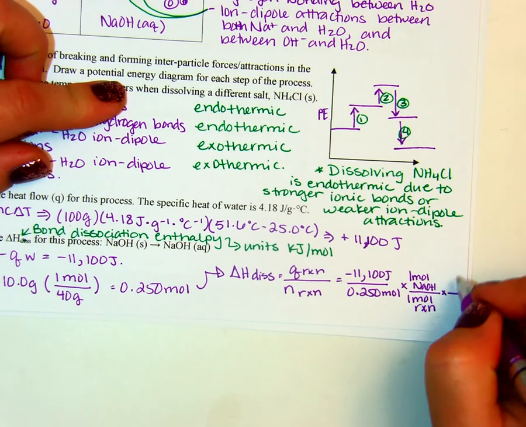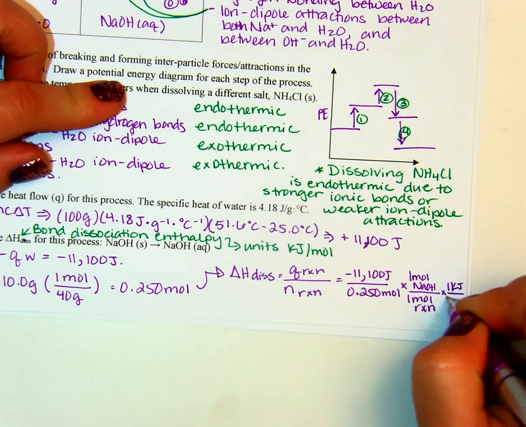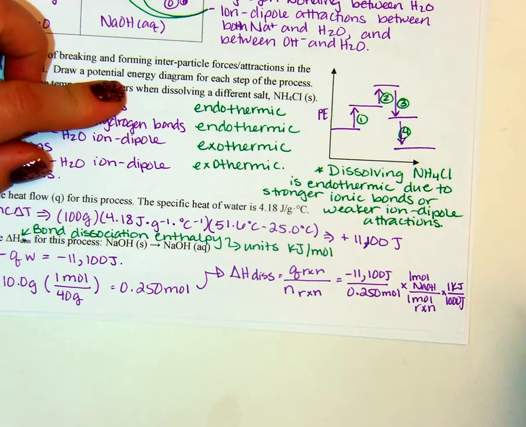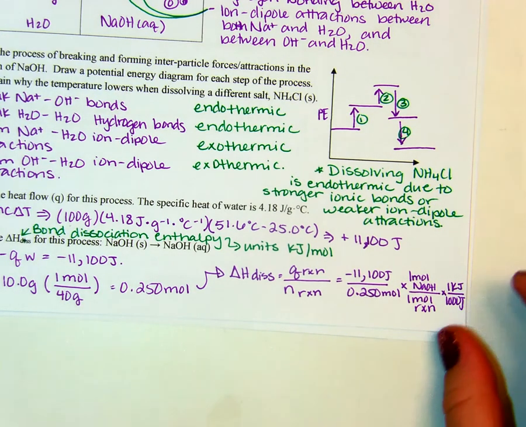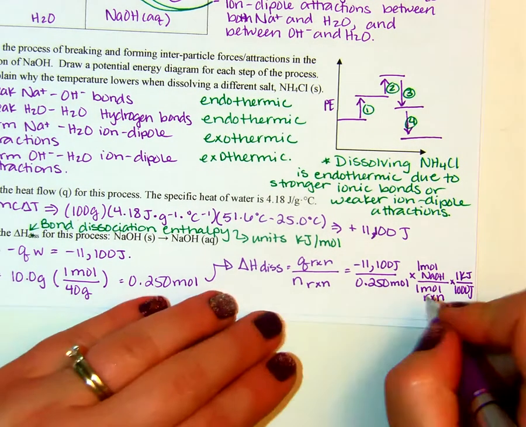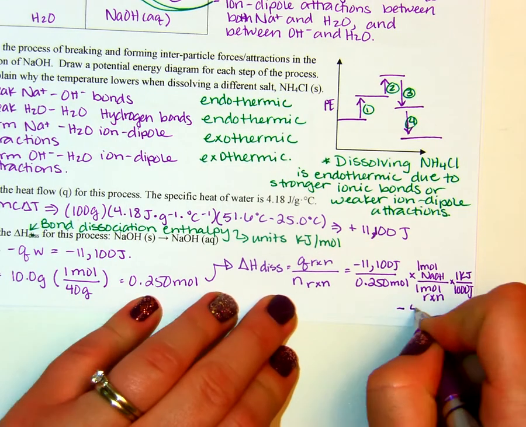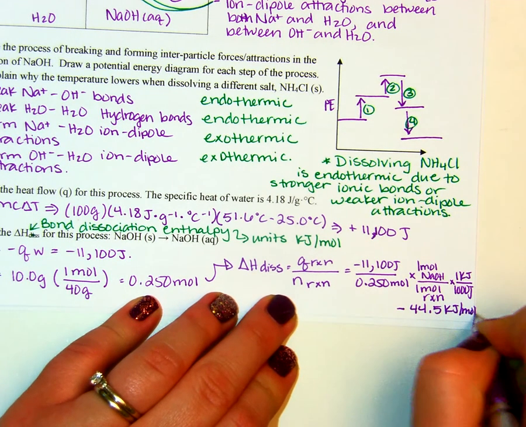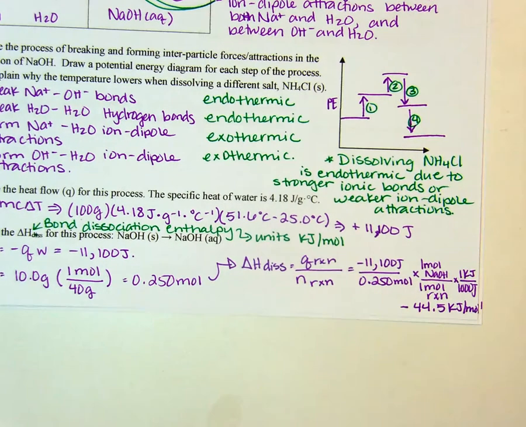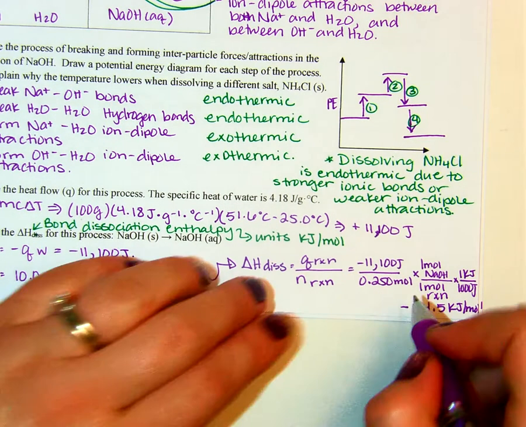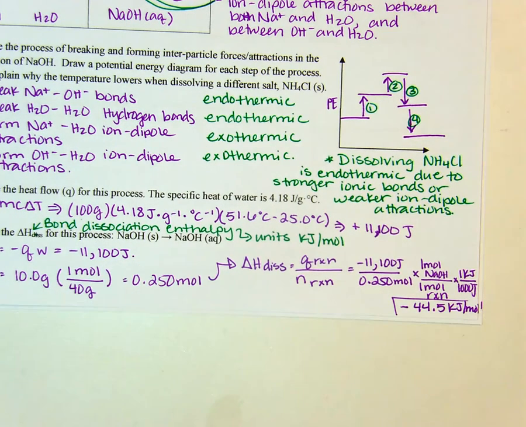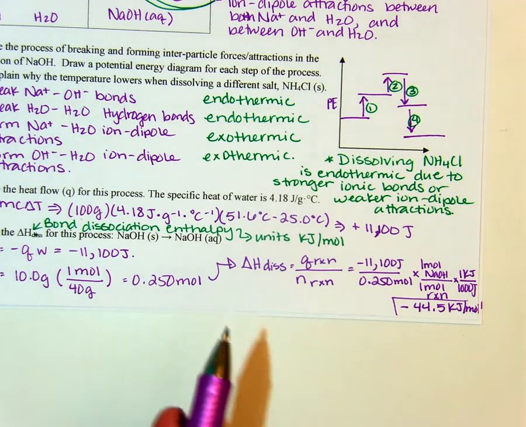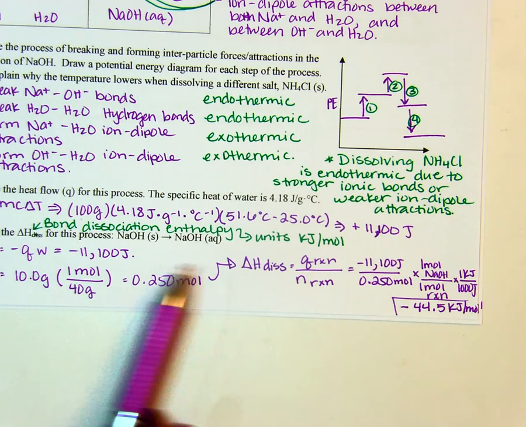So 1 kilojoule is equal to 1,000 joules. And plugging all of this into your calculator, you end up getting negative 44.5 kilojoules per mole. So, negative 44.5 kilojoules per mole, that's the enthalpy that's required to break 1 mole of the bonds in this process of dissolution right here.